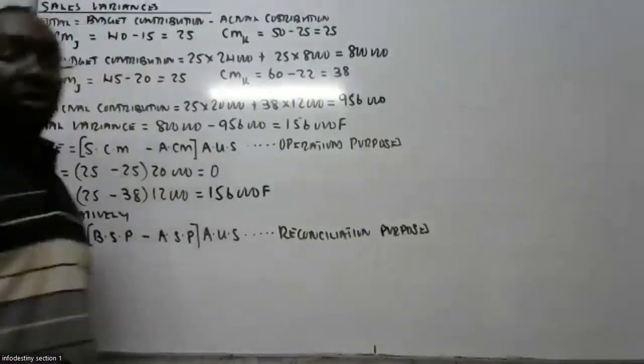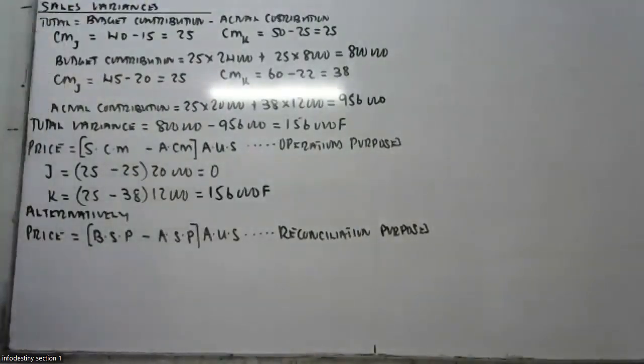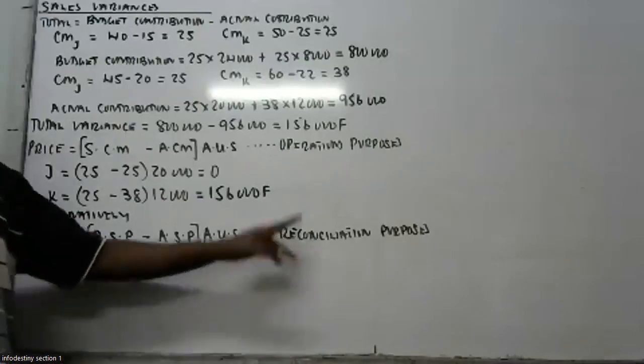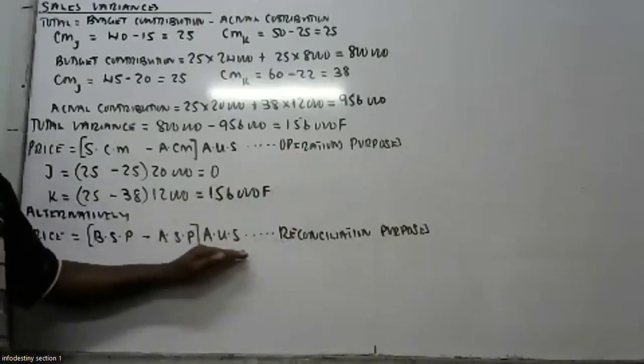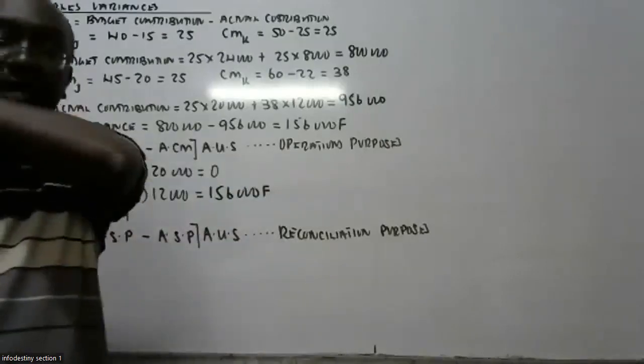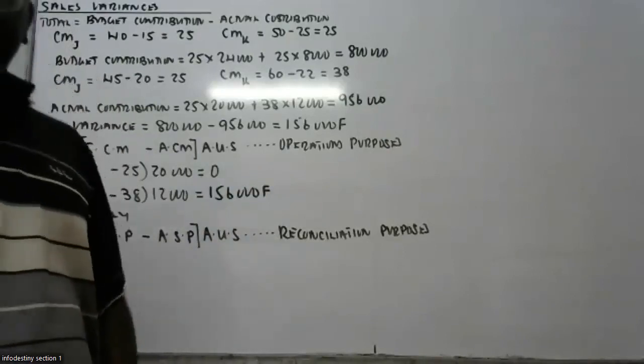If you are told to reconcile profits, to do a reconciliation statement, that is when you use that formula. For now, what we are doing is operations. I will not compute this, but in the next few minutes we shall look at how to reconcile. That is when we shall use that formula.